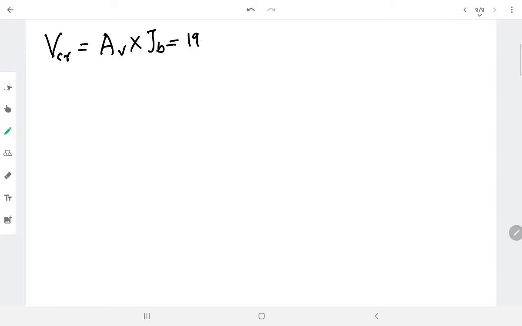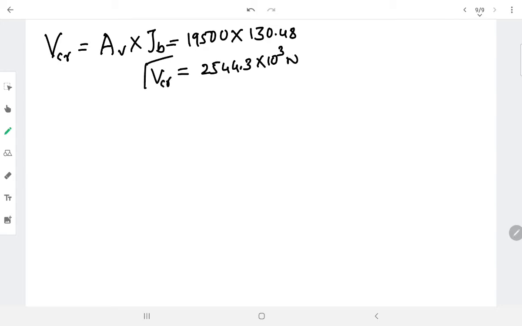The shear area of the plate girder we have already calculated: 19,500 into tau B, which we calculated just now, 130.48. If you calculate this, you will get 2544.3 into 10 raised to 3 newtons. So VCR is in newtons.